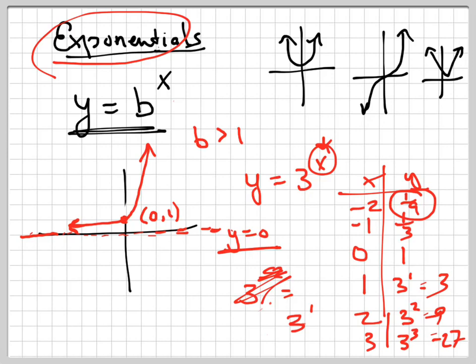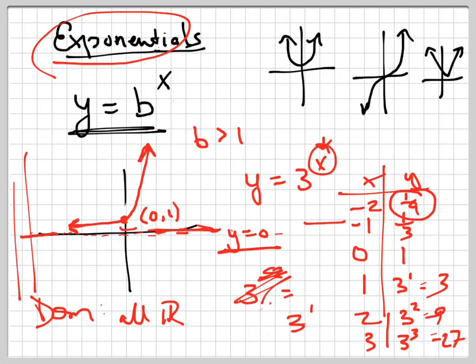I can punch in anything I want. I can punch in 100, but it's going to be way, way up. They're going to ask you, what's the domain? The domain is all real numbers. Even though it looks like it goes up super steep, it'll eventually get to all of these numbers on the x.